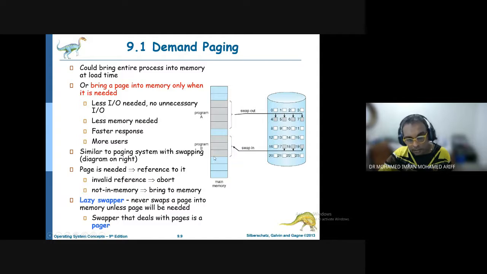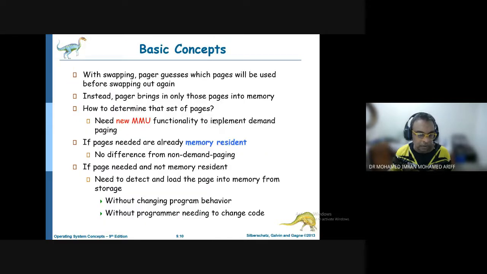It can bring everything or it can bring just one from the backing store, from the hard disk, into the main memory or the physical memory. Okay, so in swapping, the system guesses which page will be used before swapping out again. Meaning, when the pages are brought from the hard disk into the physical memory, it just guesses. Okay, there is no specific rule on which file to bring in.